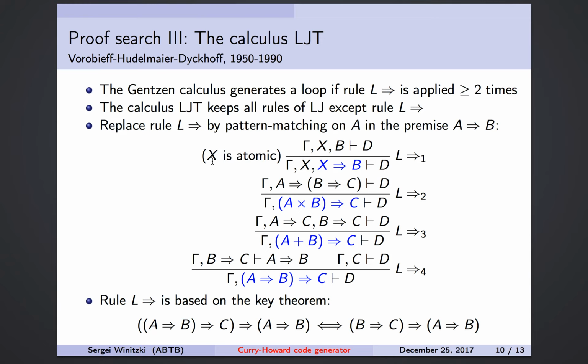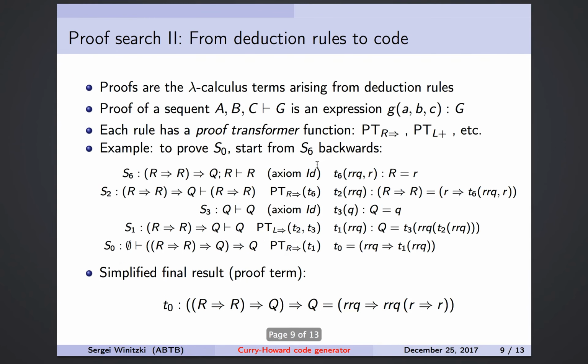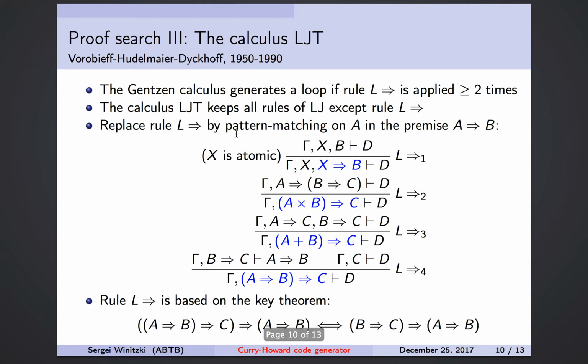In this calculus, and again by calculus one means just a set of axioms and derivation rules, all the rules that we had here are kept, except the problematic rule, the left implication, which is replaced by 4 different rules.